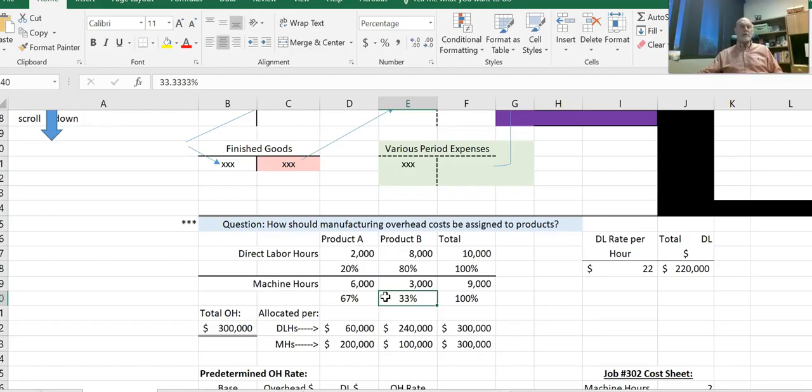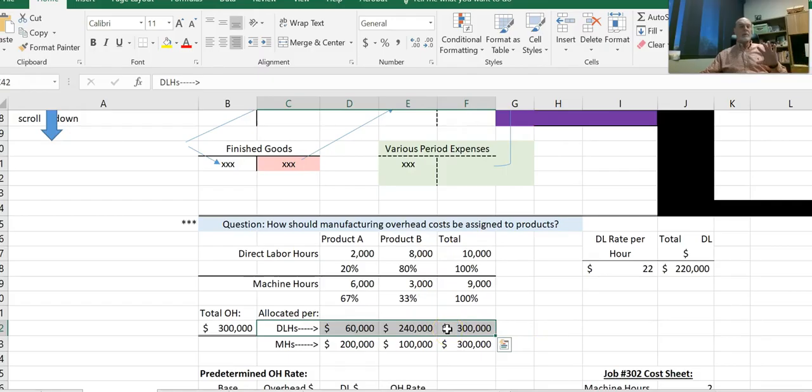And as you can tell, that allocation base that we pick would have a significant effect on how the costs are assigned. Like in this example, if we were using labor hours to allocate the cost, then out of the $300,000 overhead, $60,000 would go to product A, $240,000 to product B because it had 80% of the labor hours.